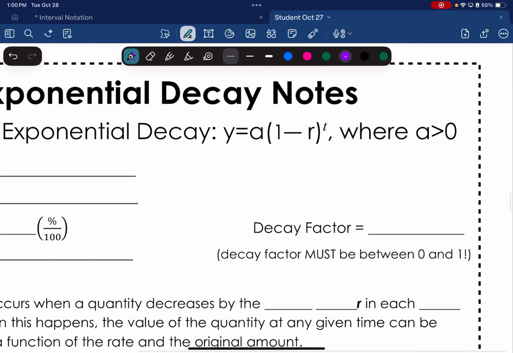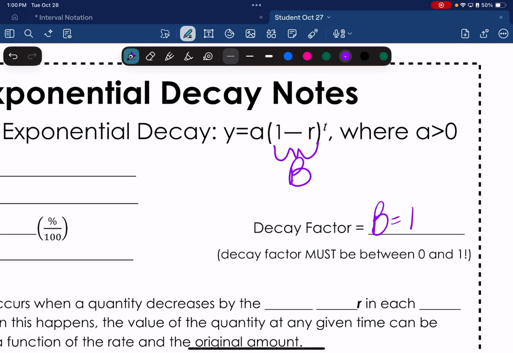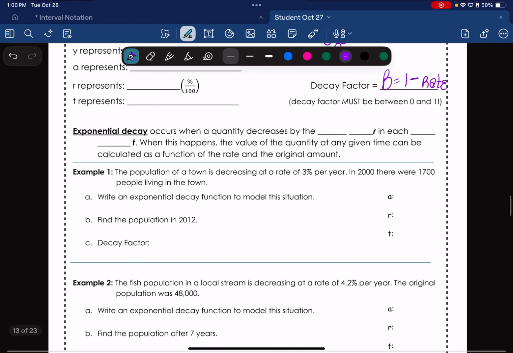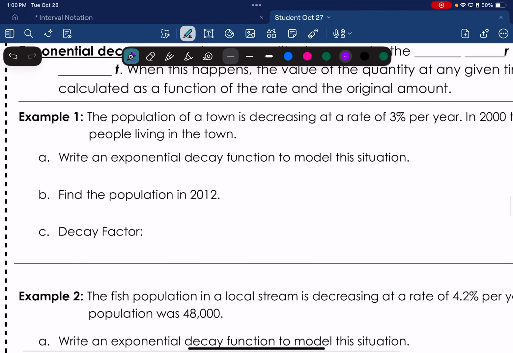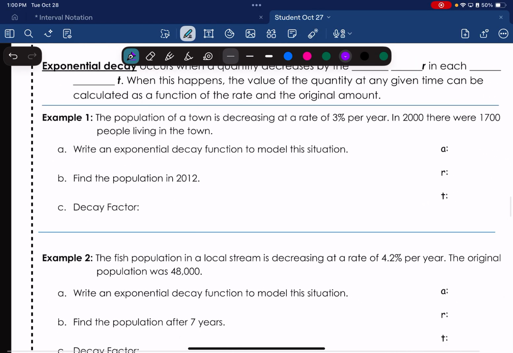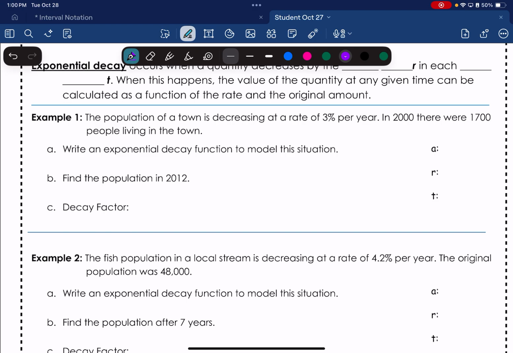But our decay factor, again, is going to represent B. Because it is less than 1, it's going to be 1 minus your rate. So that's going to be the difference. Y'all are very much already used to saying if it's growth or decay. You just need to make sure you understand it's subtracting from 1 or adding to 1.